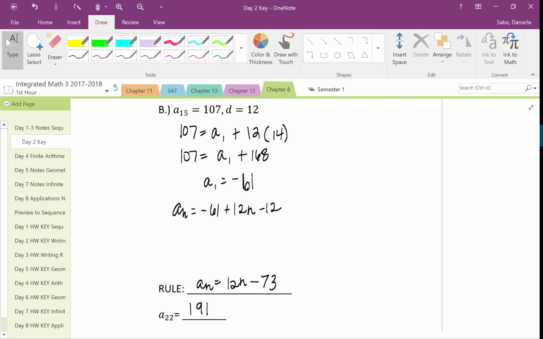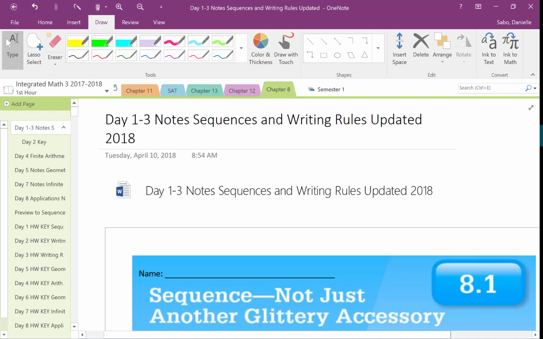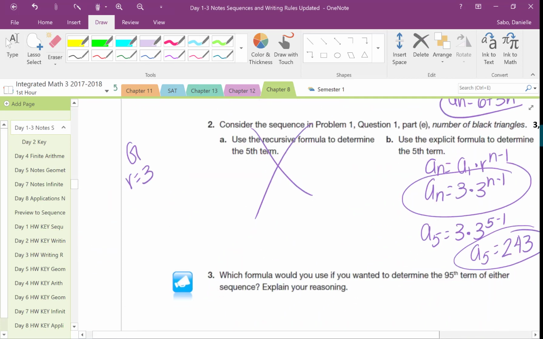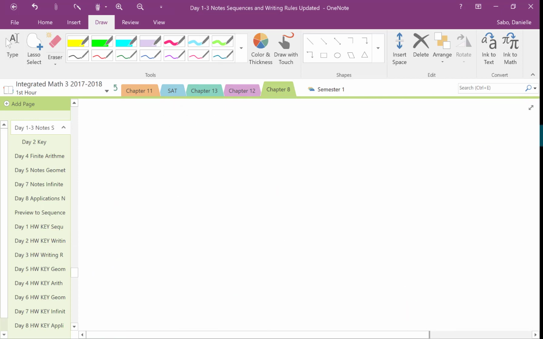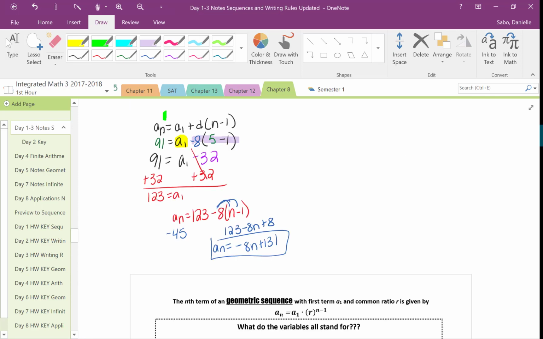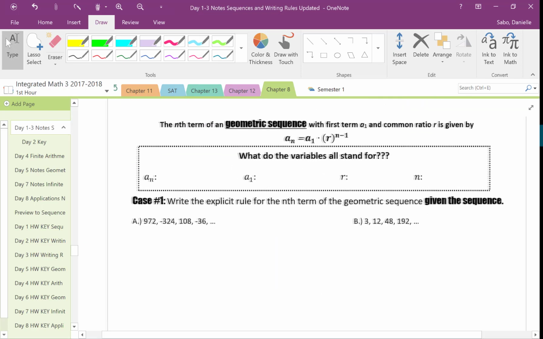All right, flip the page. All right, so now we're going to do geometric. Go ahead and label those. Tell me what they stand for.